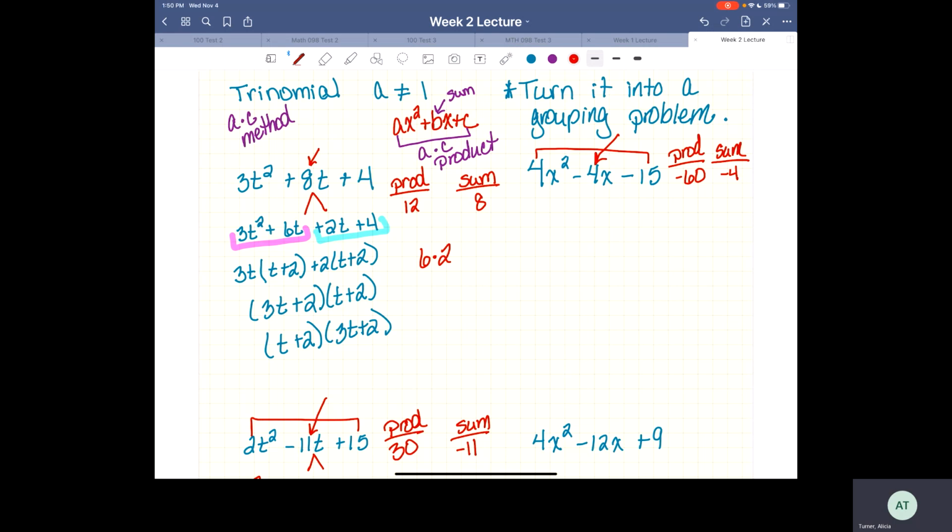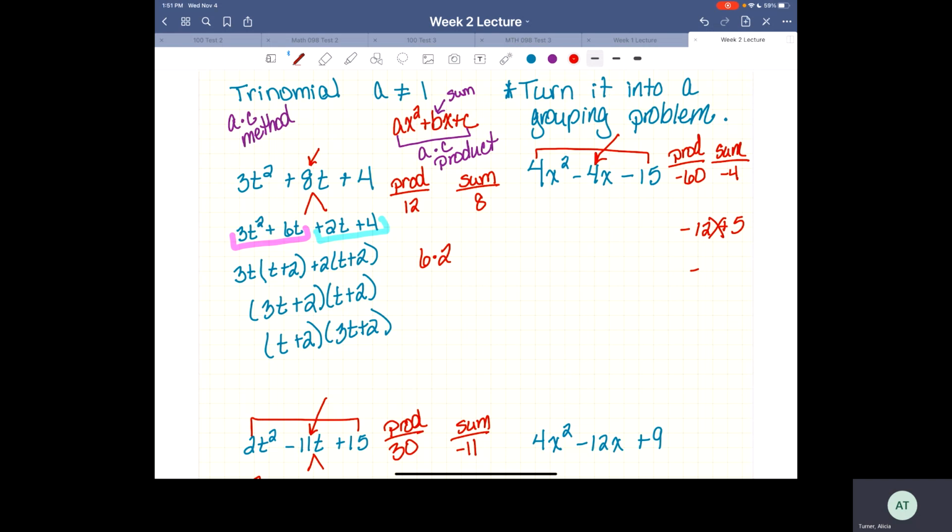My numbers, I've got a negative sum, so I'm going to have a negative number and a positive number. 12 times 5 gives me 60. So if I made one of them negative, I would get negative 60, but negative 12 plus 5 does not give me negative 4. So that doesn't work.